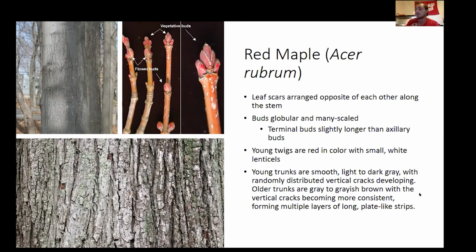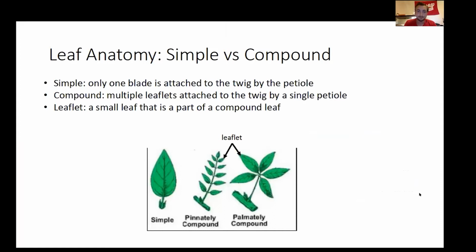Okay, so we're going to move into our leaf anatomy. Again, we'll be repeating some information, but I will move through it more quickly like I did at the beginning. And then we'll talk about how they specifically relate to our species we're focusing on today. So in our leaf anatomy, we have a simple versus a compound leaf.